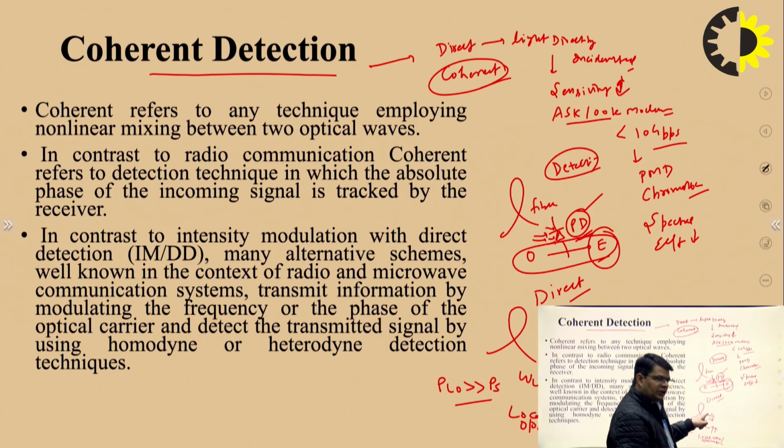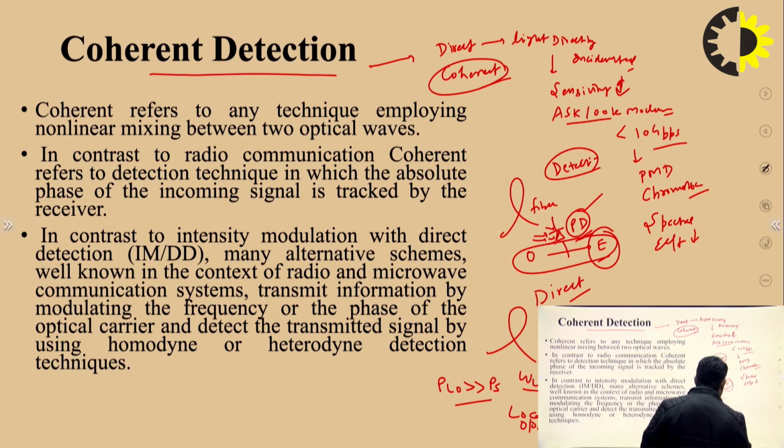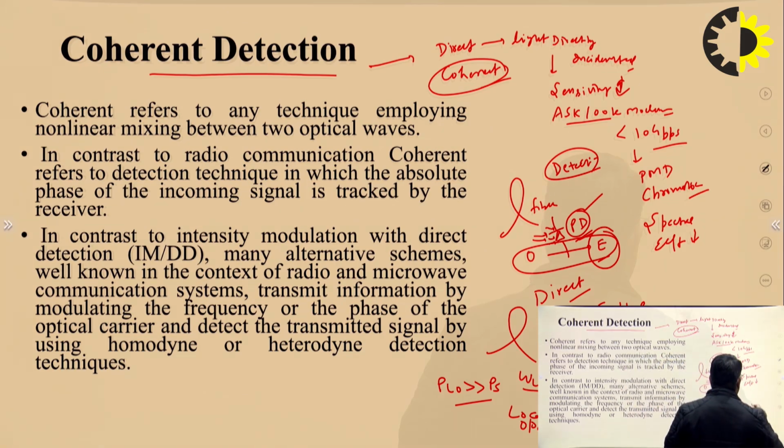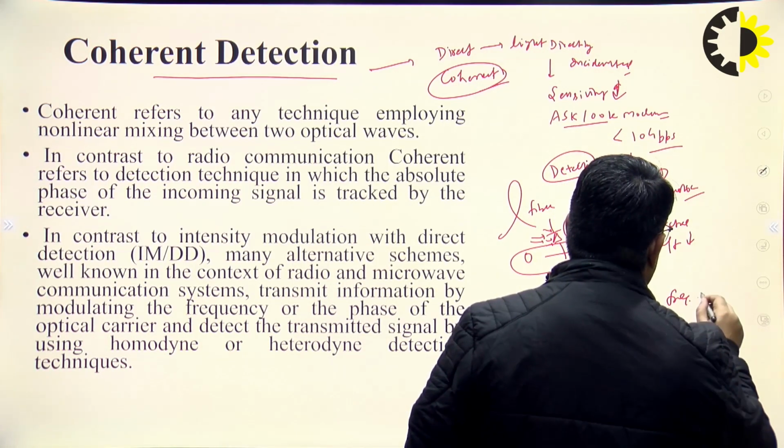So one is the received signal from the fiber, another is the optical signal generated from a local source. Then the light of these two is coupled or mixed, and this mixed light is incident over the photodiode or photodetector, and at this point, along with the magnitude, we also consider the frequency and phase.